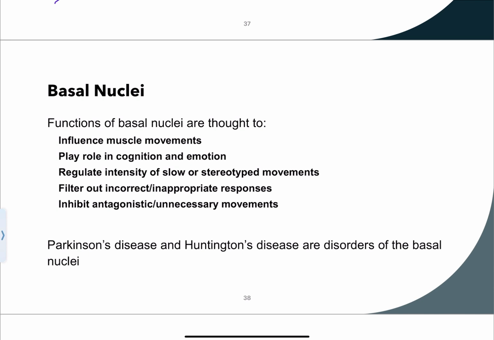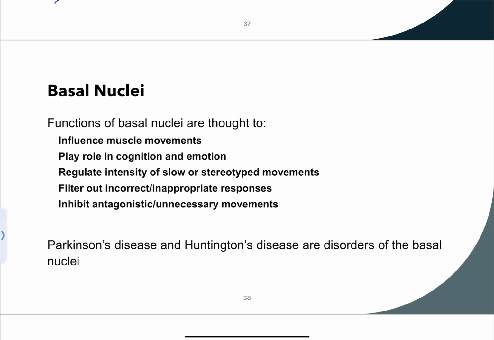They help regulate intensity of slow or stereotype movements. What is a stereotype movement? Things like if we're walking and we're swinging our arms, we don't even realize that. The basal nuclei will help regulate the intensity or frequency of our arms moving on either side of us while we're walking. They also help filter out incorrect or inappropriate responses and inhibit antagonistic or unnecessary movements.